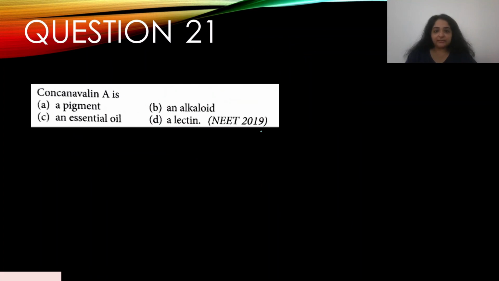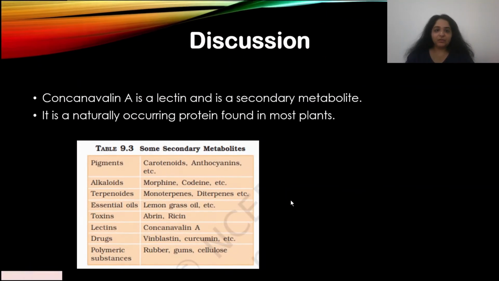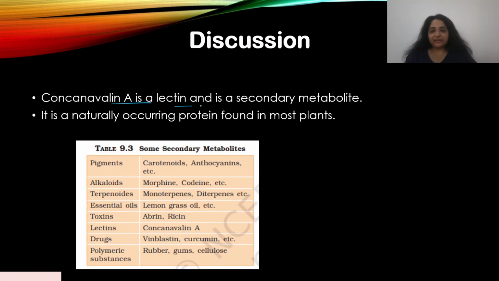Concanavalin A is, this appeared in NEET 2019, A pigment, B alkaloid, C essential oil, D lectin. So concanavalin A is a lectin. The answer is D. Concanavalin A is a lectin and a secondary metabolite. It is a naturally occurring protein found in most plants.